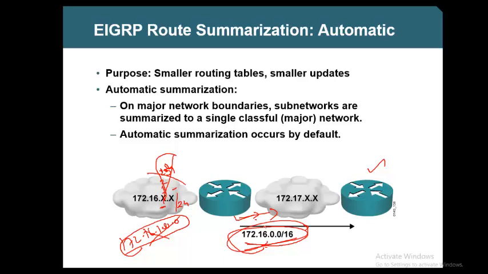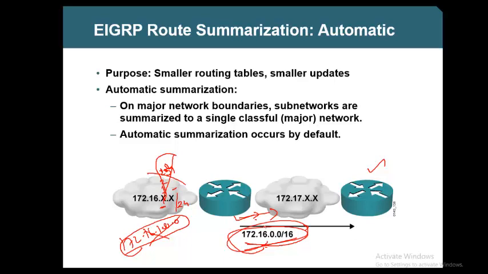So for a small subnet failure, there is no need for flooding of updates, no need for triggered updates. That reduces the CPU utilization and bandwidth utilization. So summarization is really good.